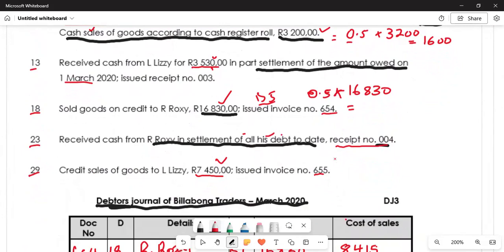So we are going to say 7,450 multiplied by our 0.5, which is going to give us 3,725. But with this one, we know very well when you multiply 0.5 times 16,800, that you're going to get what?